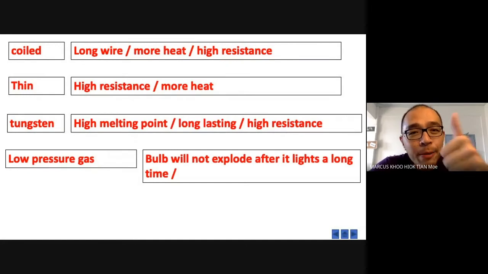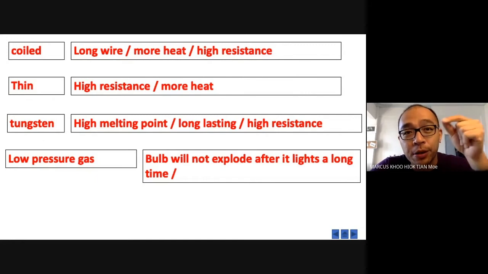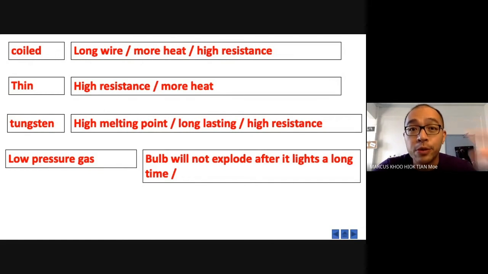High pressure and heat is not a very good combination, because remember, the bulb is producing a lot of heat by the resistance from the wire. So if you put that heat inside the gas of high pressure, you're basically creating a mini bomb. So you want to put low pressure gas so that the bulb will not explode after it lights up a long time.